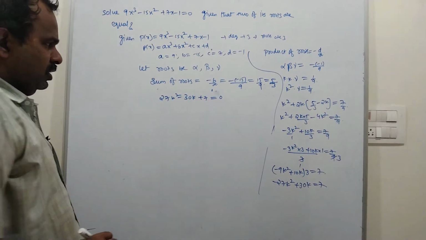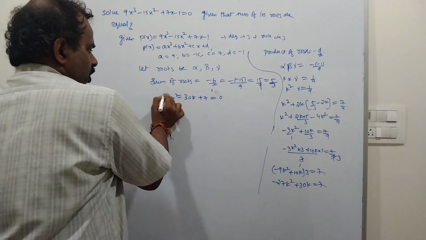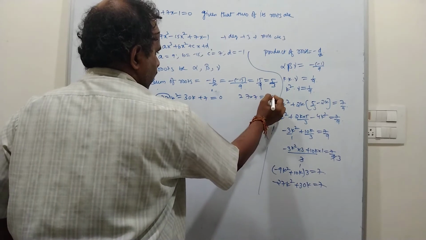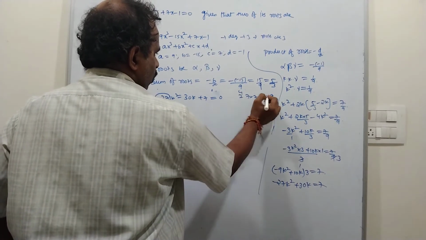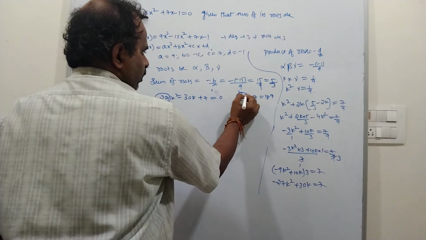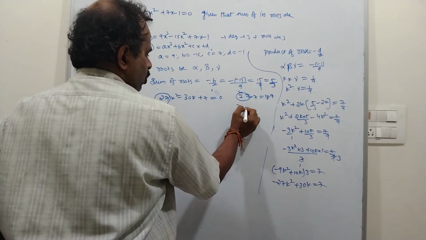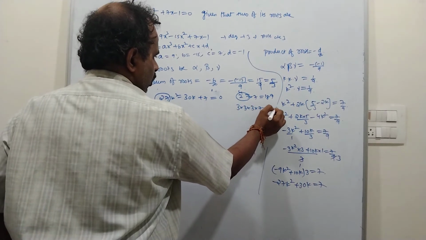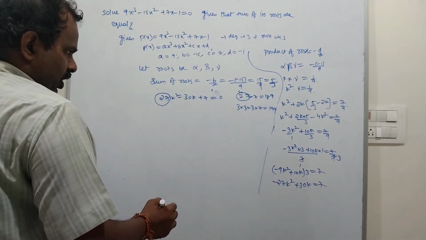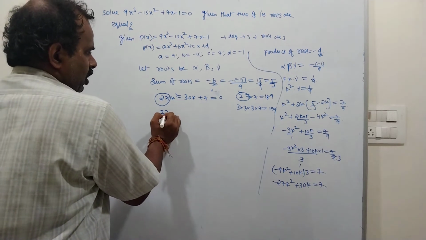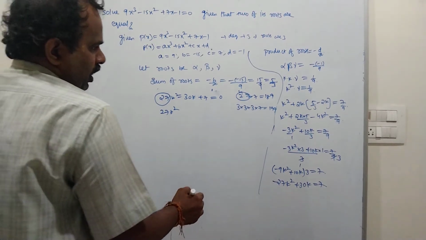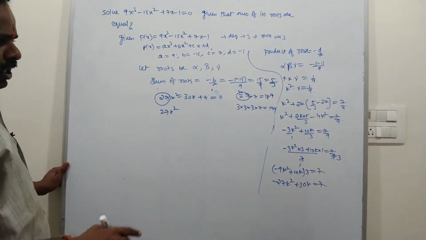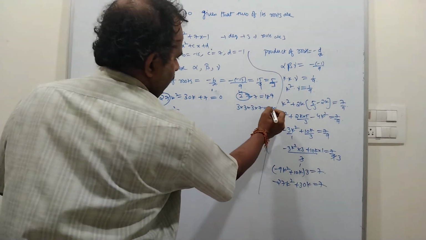Now we have to factorize this. Take the coefficient of k², 27, times 7, which is 189. Now split this: on adding two numbers you should get 30, and on multiplying you should get 189.